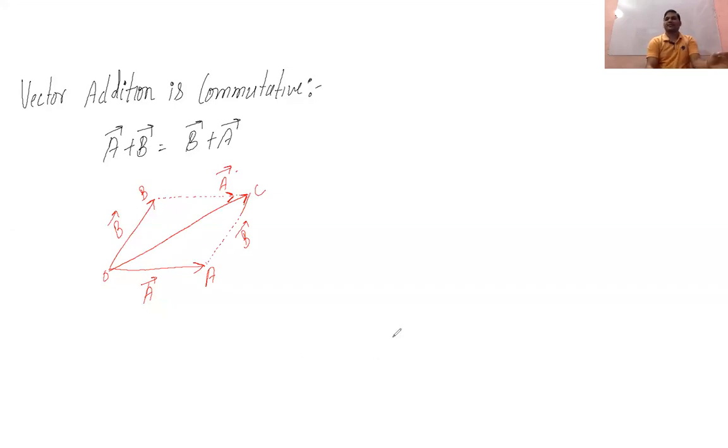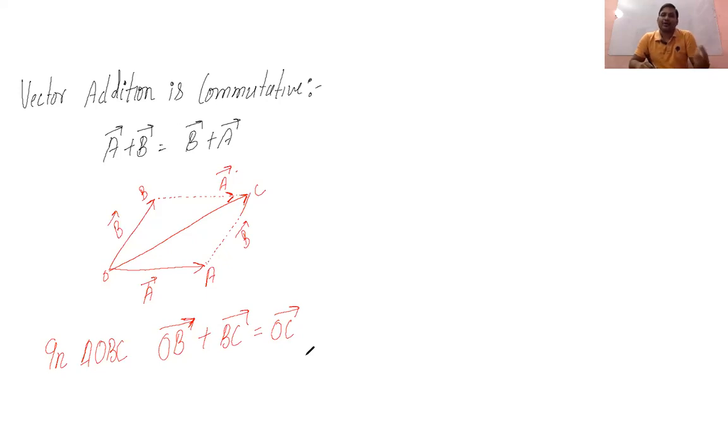Now you can see one thing: in triangle OBC, using the triangle law of addition, what can you write? OB vector plus BC vector is equal to OC vector, isn't it?